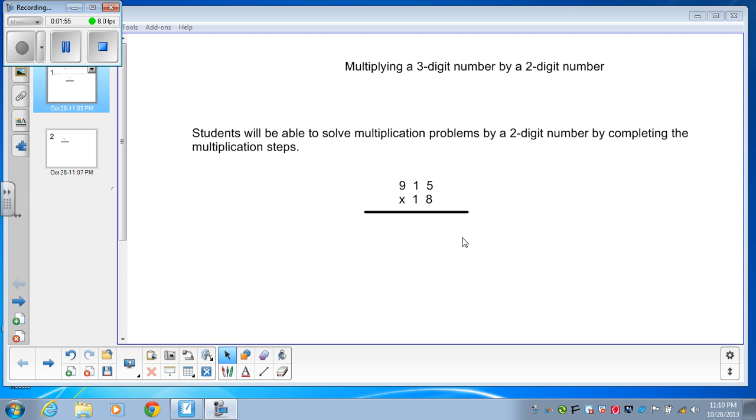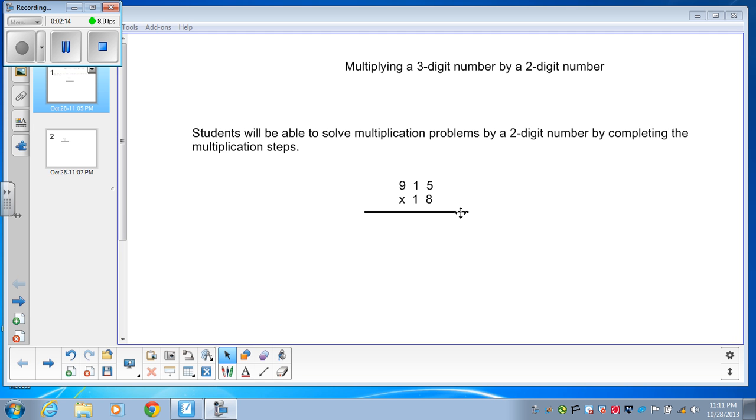Alright, when we multiply, we begin with the ones place, the smallest place value. The smallest place value in this 2-digit number is 8. So I have to begin by multiplying 8 by the 5 in the ones place of 915.